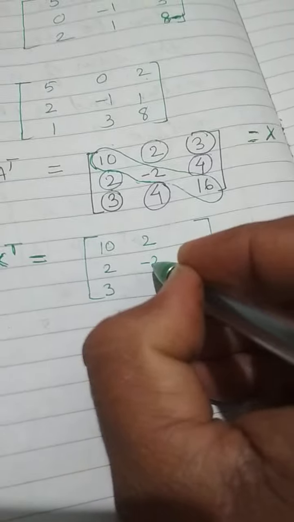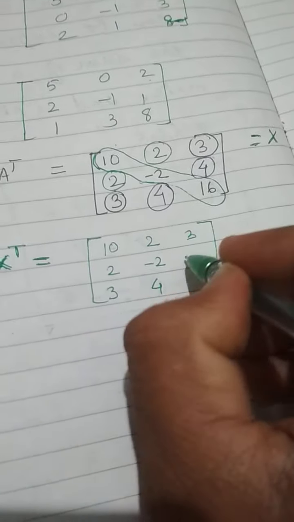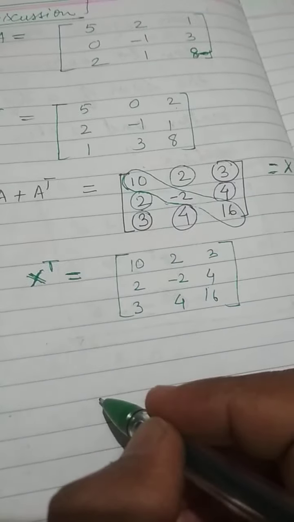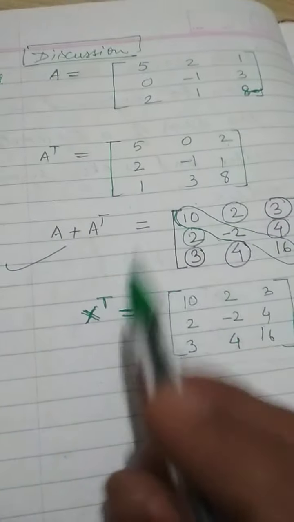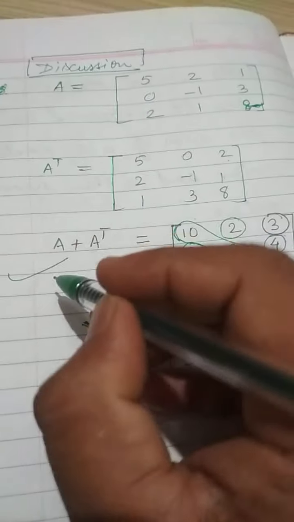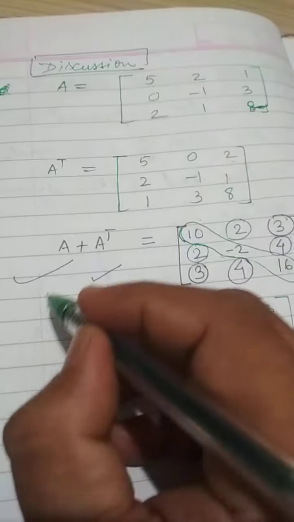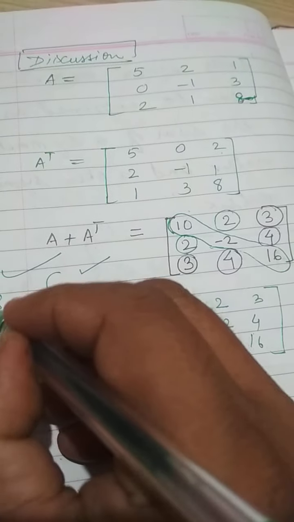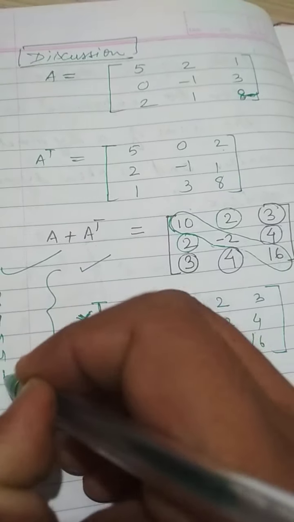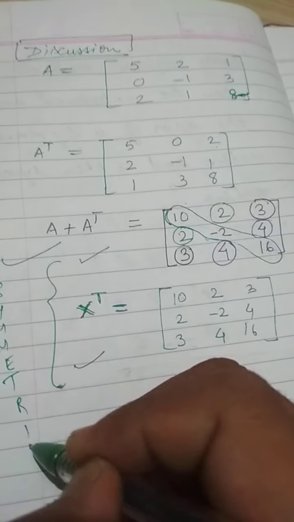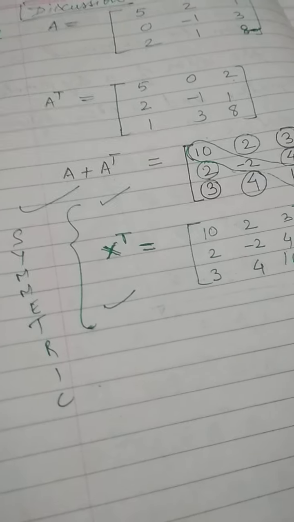So we are going to get the same matrix. This means that A plus A transpose is always a symmetric matrix.